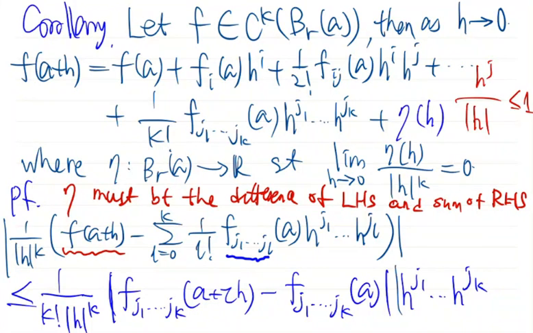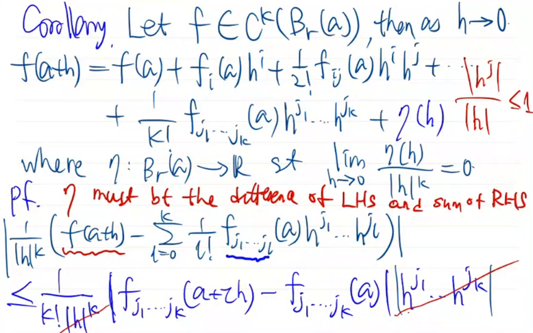So obviously this is not greater than 1. Using this fact, the multiplication of these k terms can be cancelled with the norm of h to the power k in the denominator.